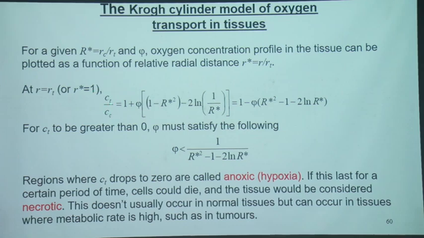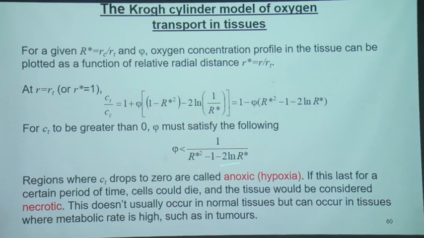Now, in order to make sure that the oxygen concentration at the edge of the tissue is greater than zero, then mathematically we can find that this phi has to satisfy this equation. You can find the expression of phi from the previous slide. So this actually allows you to analyze whether there is sufficient oxygen supply to the tissue or not.